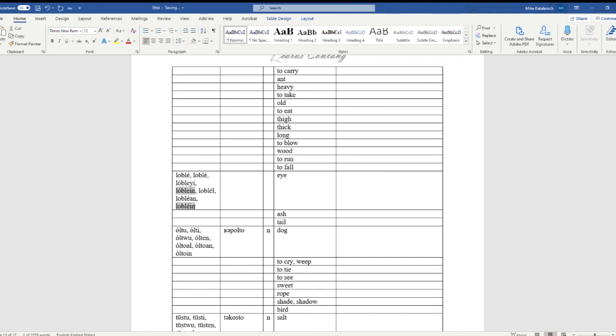And I love stress. What's a minimal pair of stress? Loblane, meaning, of course, at the eye, and Loblane, meaning toward the eye. And these all come from the protoform Roprek.